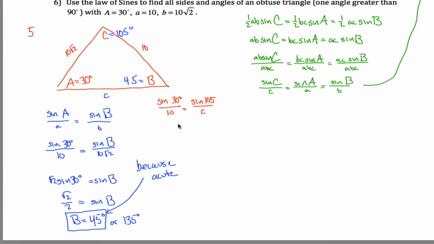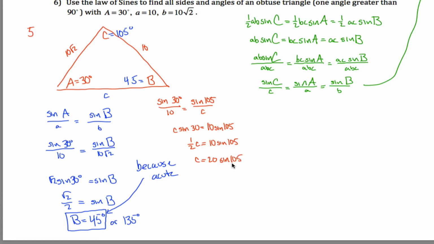What's the quickest way to do this? Maybe c times the sine of 30 equals 10 times the sine of 105. Multiply this c up here and this 10 up here. But sine of 30 is 1/2. So you got 1/2 c equals 10 sine of 105. So multiply both sides by 2 to get that c is equal to 20 sine of 105.